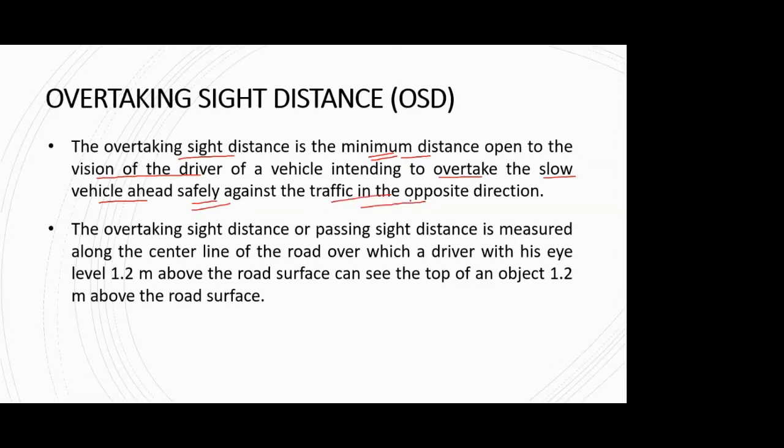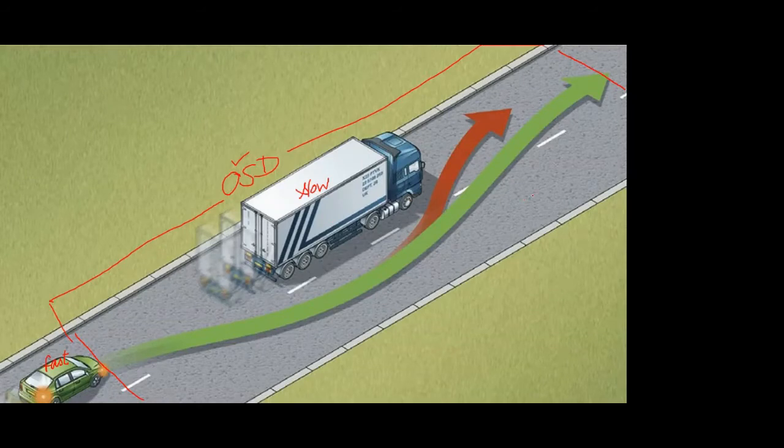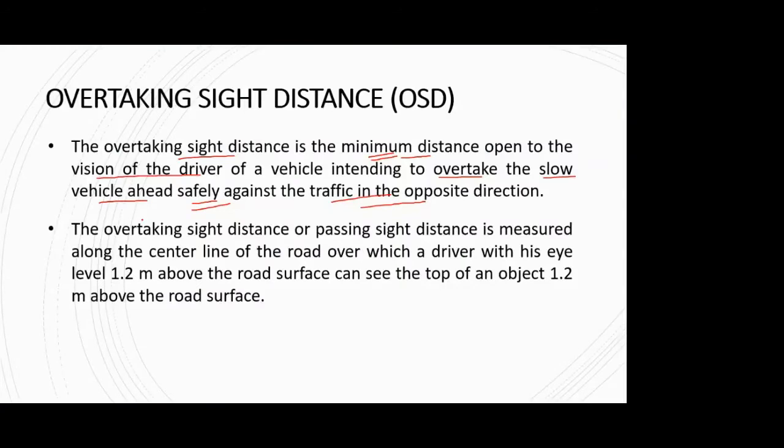Now this is important. In this figure, there was no vehicle coming from the opposite direction. But in the worst case or critical condition, you might have a vehicle moving from the opposite direction, and before it reaches this point, you have to complete your overtaking operation. That minimum distance which is open to the vision of the driver is nothing but OSD.